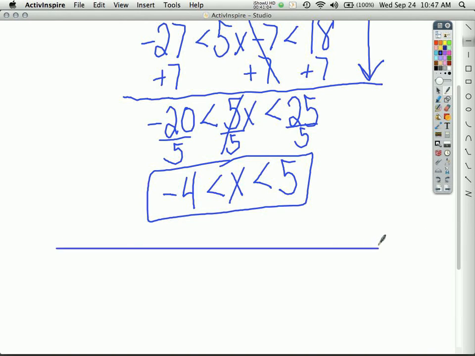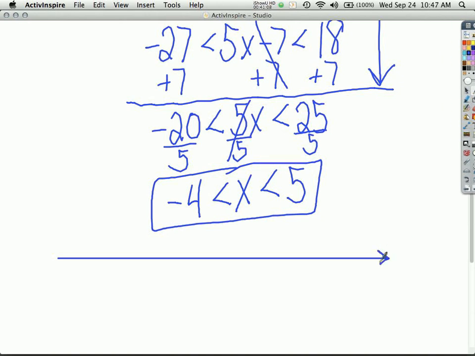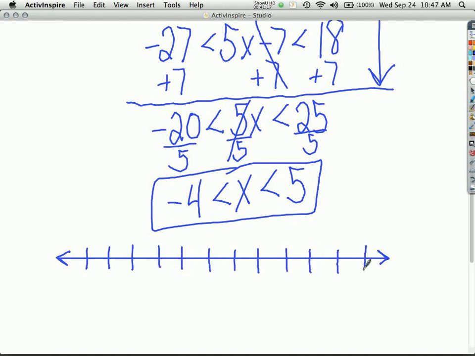So now we need to graph. And now we need a negative 4 and a 5. I got to make sure I fit that in. Negative 4, negative 3, negative 2, negative 1, 0, 1, 2, 3, 4, 5, 6.